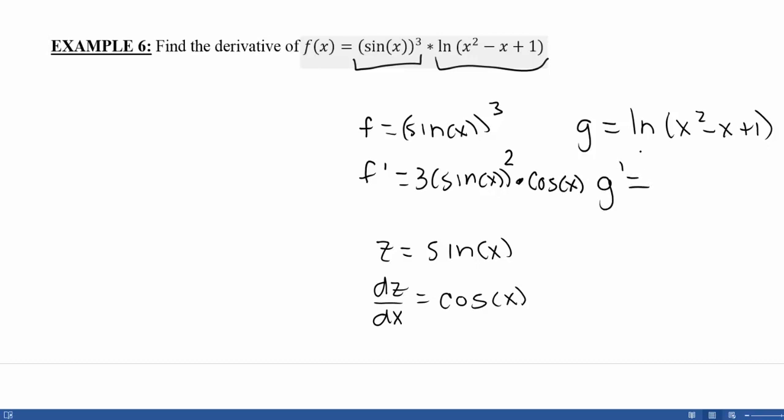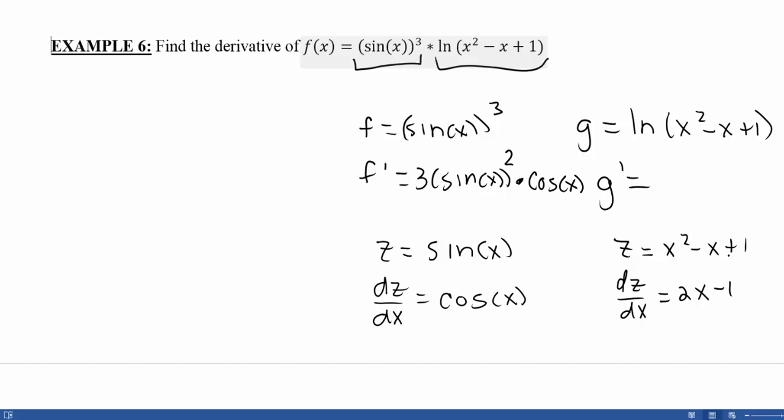In order to get g prime of x, I also have to do a chain rule. For the g prime of x part, my z substitution is going to be x squared minus x plus 1. And my dz dx is then 2x minus 1. With the natural log, our shortcut said we're going to have 1 over z times dz dx.